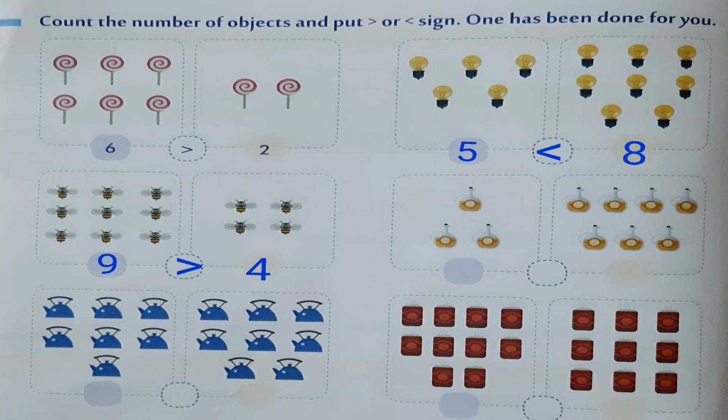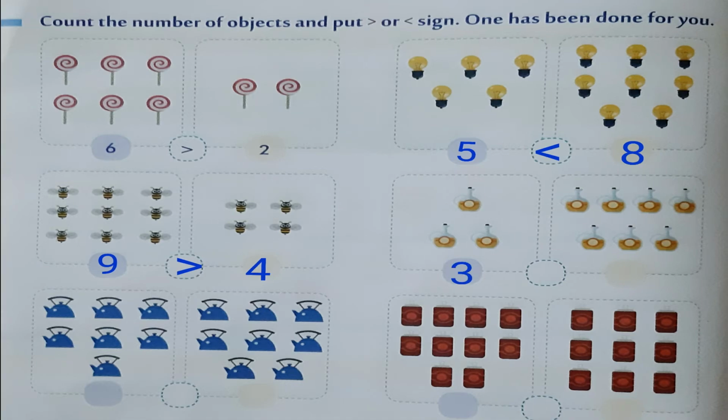See the next image, children. What are there in this image? Yes, 2 groups of jugs. In the first group, how many jugs are there? 3 jugs are there. Right, here 3. And in the second group, how many jugs are there? 7 jugs are there.